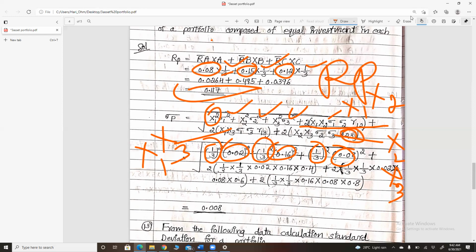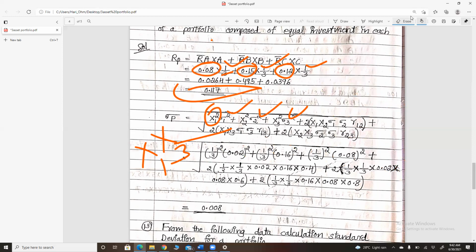Okay, clear. R12 is the first one, R13 the second one, R23 the third one. Clear? Like that the formula is framed. See, R12 means 1 is x1, 2 is x2, 3 is x3. That you have to remember. R12 means x1, x2.